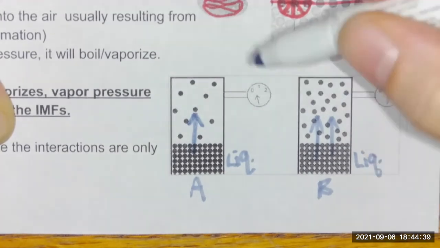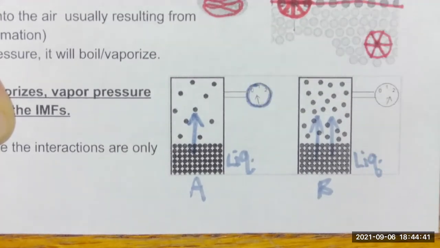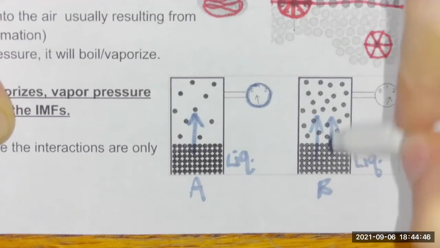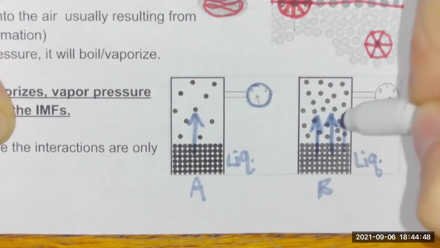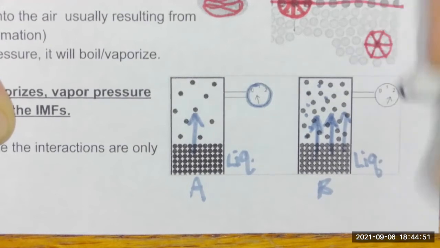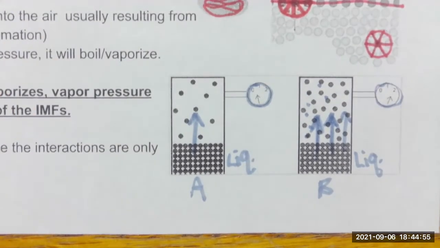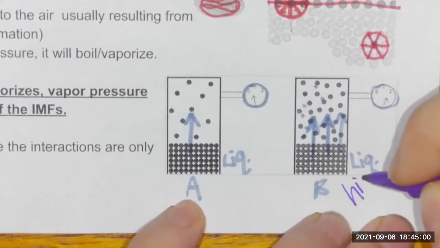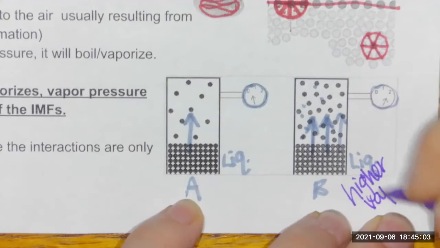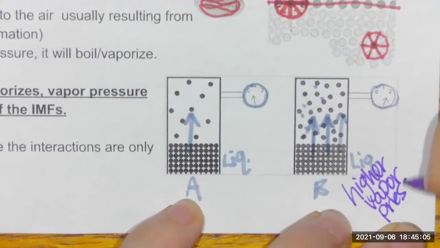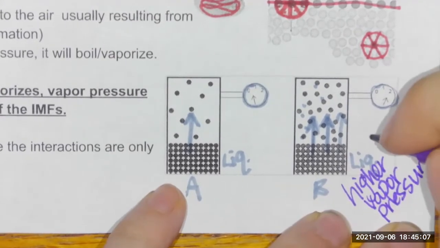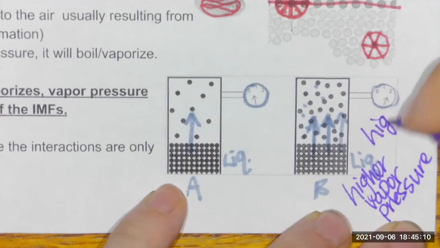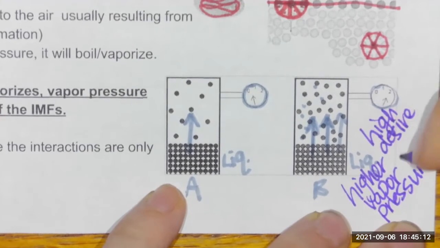We can tell because it only has this much pressure on the dial, like basically 0. And this liquid is like pew, pew, like really trying to evaporate. It's got its dial cranked to almost 2. You would say liquid B has a much higher vapor pressure. It has a very high desire to evaporate.